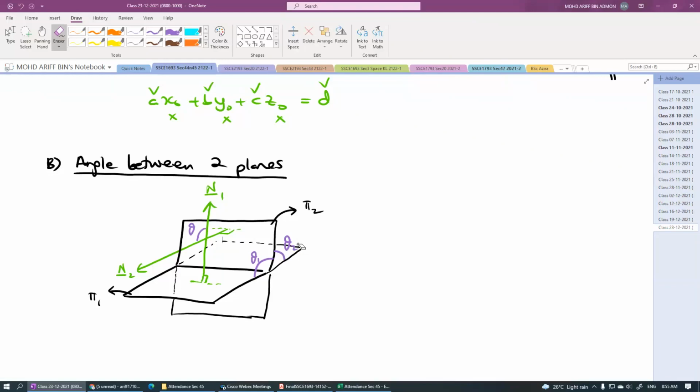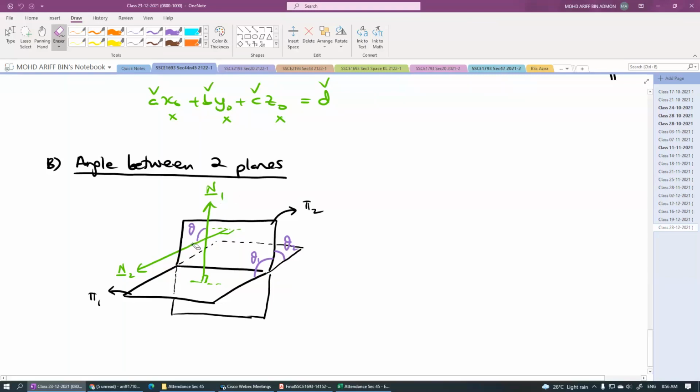It should go down like this, at 90 degree to the plane, with a little bit of slope. This plane's normal vector goes like this. Now the first one slopes a little bit like this, and the second one goes up like this.